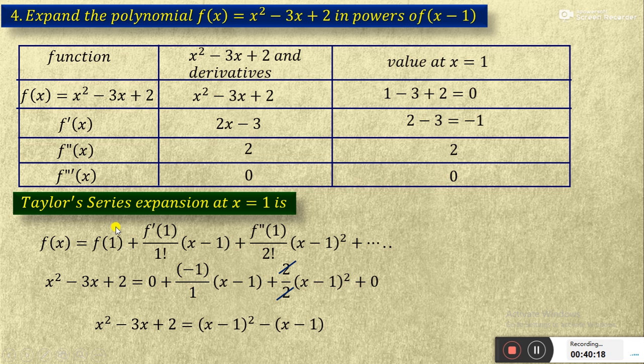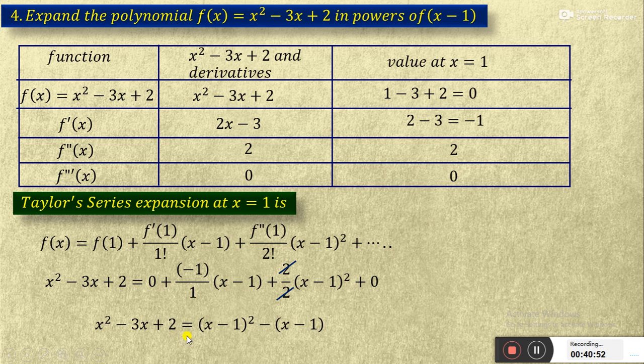Therefore the Taylor series expansion at x equal to 1 is f of x equal to f of 1 plus f dash of 1 by 1 factorial into x minus 1, plus f double dash of 1 by 2 factorial into x minus 1 whole square, plus etc. Now f of 1 is 0, plus f dash of 1 is minus 1 by 1 factorial into x minus 1, f double dash is 2 by 2 into x minus 1 whole square, and f triple dash is 0.